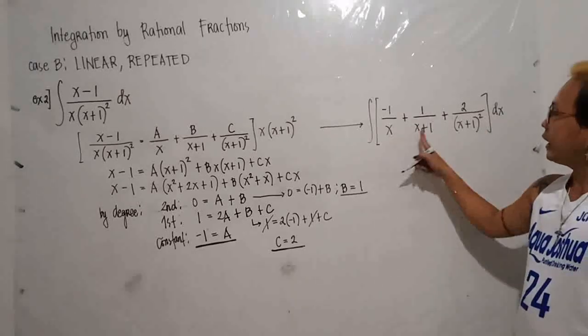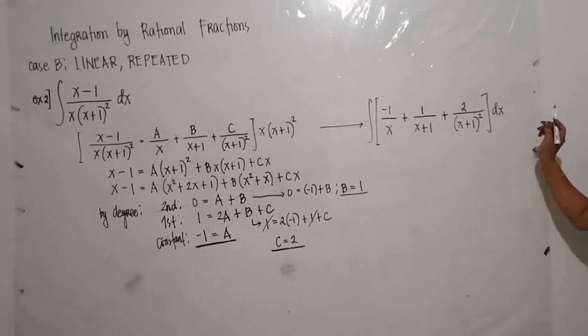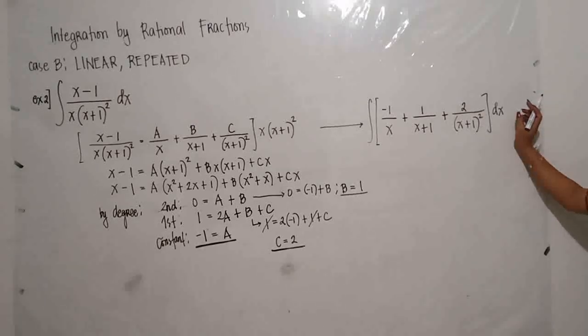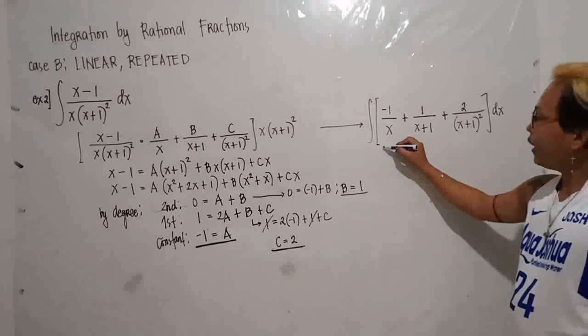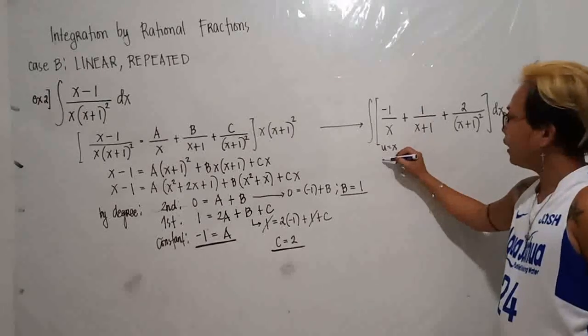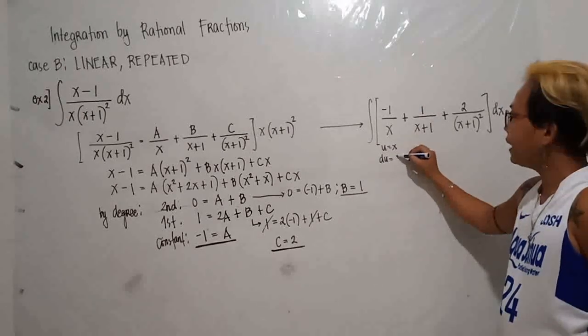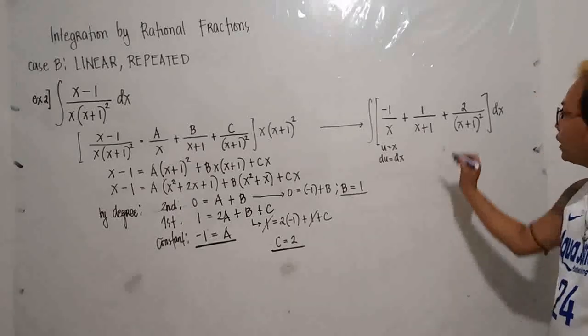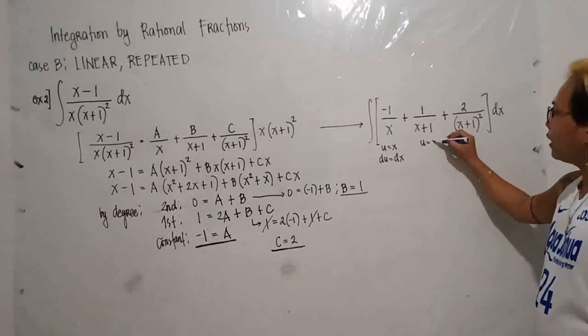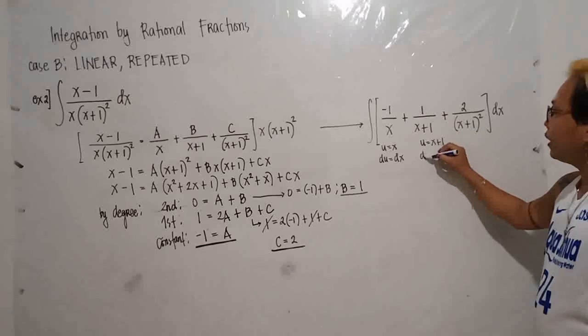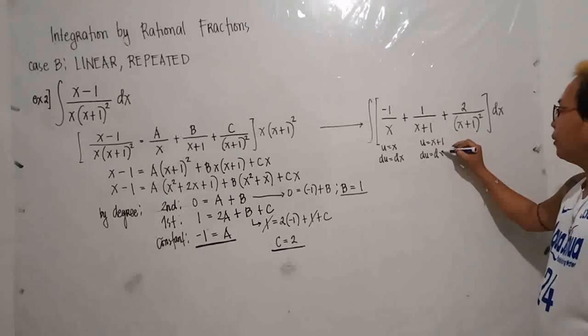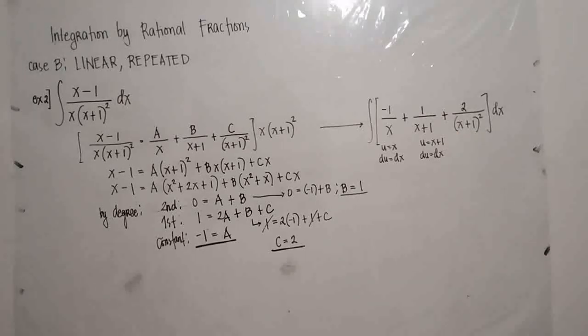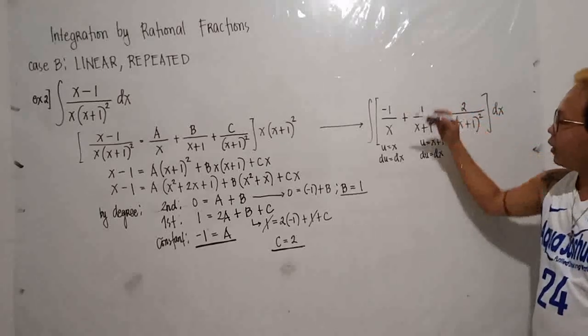The first and the second term is under of du over u. If you will notice, if you let u as x here, your du is dx. Tapos dito naman, if you let u as x plus 1, your du here is also dx. So, negative 1 is constant.